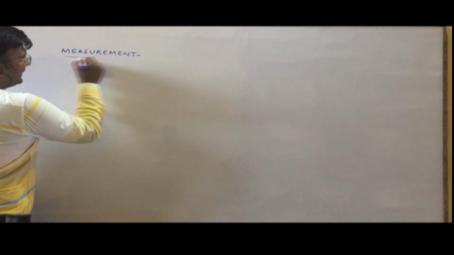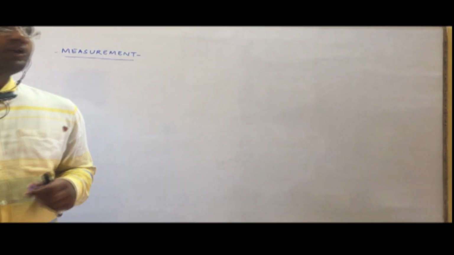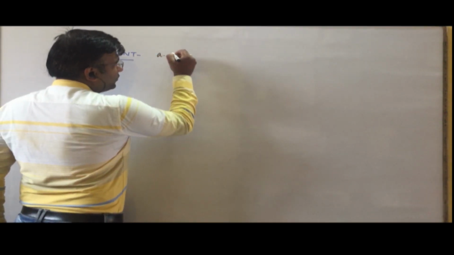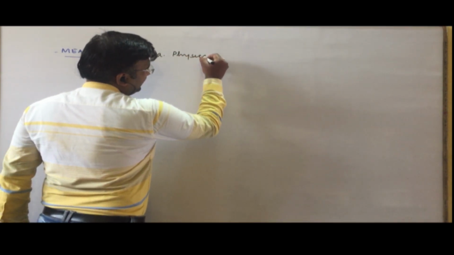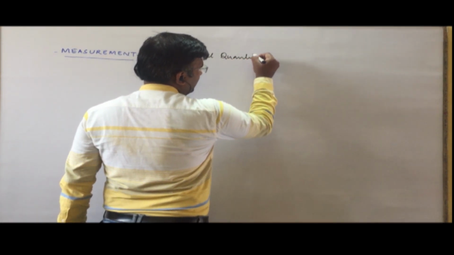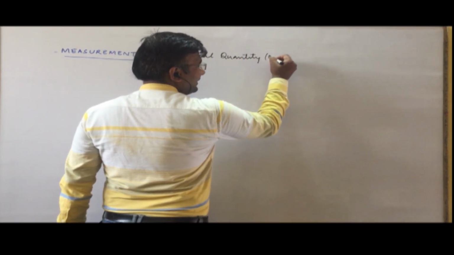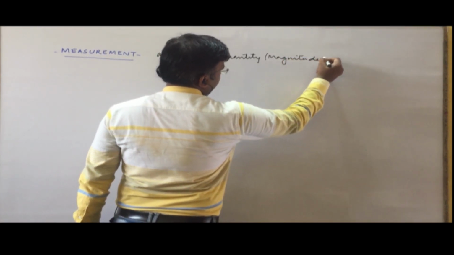Let us quickly write its definition first and then we will talk about other things. So measurement is the process in which we convert the magnitude of a physical quantity in numbers, in numeric values.